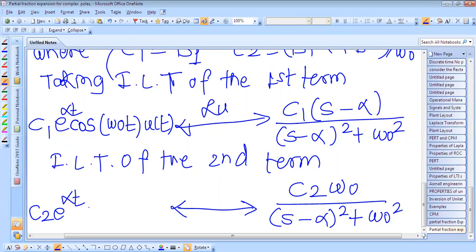This is actually the sine of omega naught t times u of t.